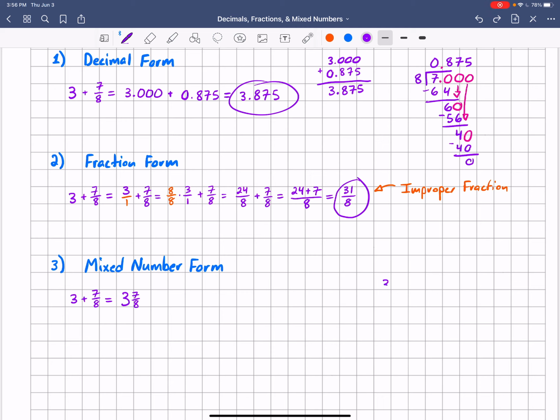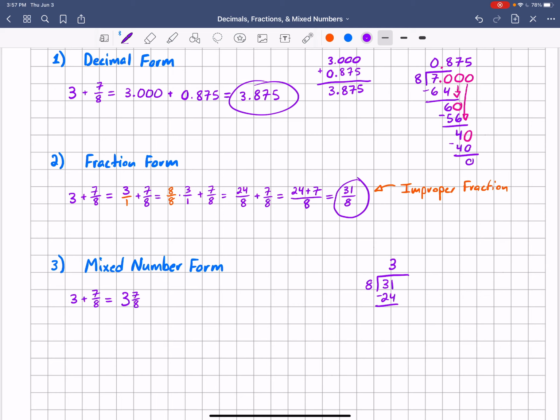So we're going to put 31 inside the division bar, 8 on the outside. Now we ask, how many times does 8 go into 3? It goes in 0 times. But we don't need that 0. So how many times does 8 go into 31? 8 goes into 31 3 times. 8 times 3 is 24.